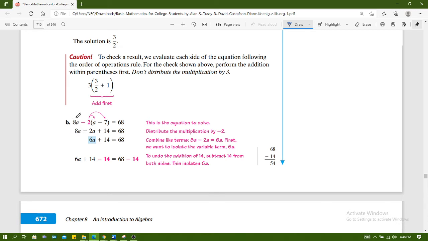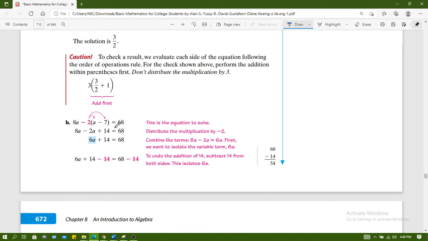So here you have, for letter B, to check. For the check shown above, perform the addition within parentheses first. Don't distribute the multiplication by 3. So, PMDAS. Do the parentheses first. Now, let's proceed to letter B. 8a minus 2a minus 7.